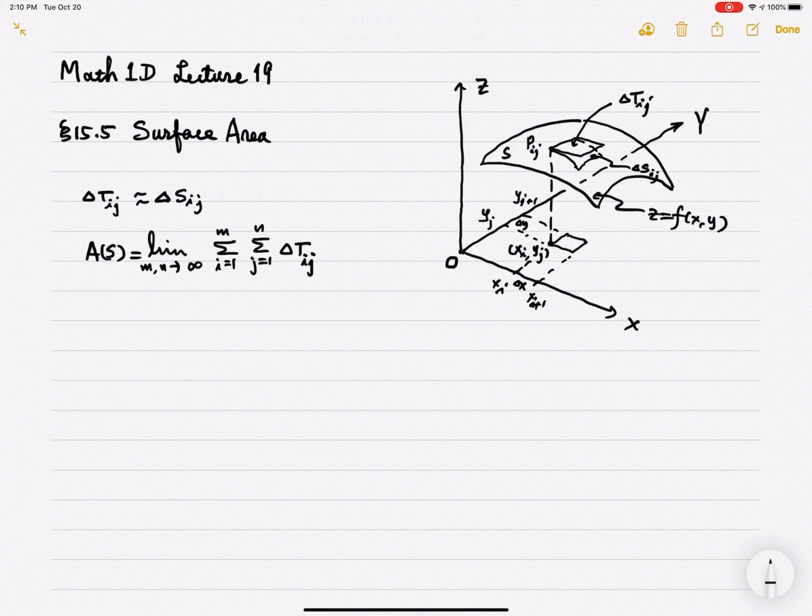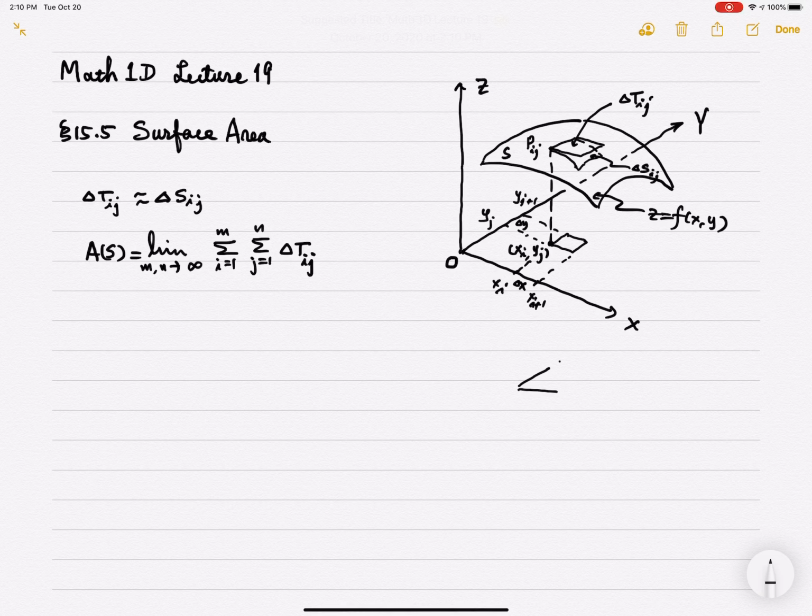Now let's see, how do we find Tij? If we separate this, Tij is like this. Suppose we have a Tij.